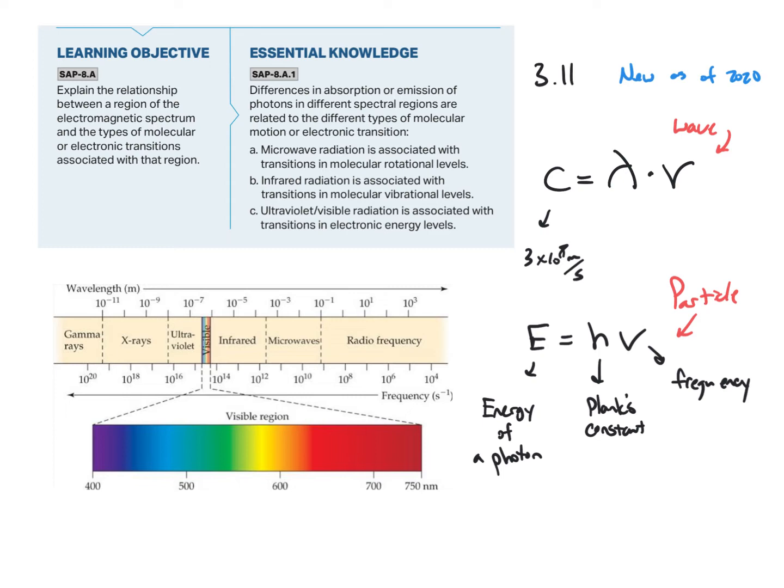So if you take this first one and you solve it for frequency, what you have is frequency is equal to speed of light over wavelength. Now I can substitute it into the second one and combine, and what you have is E is equal to h times c over wavelength. And now I have a formula that combines the first two, number 1 and number 2, into formula number 3.